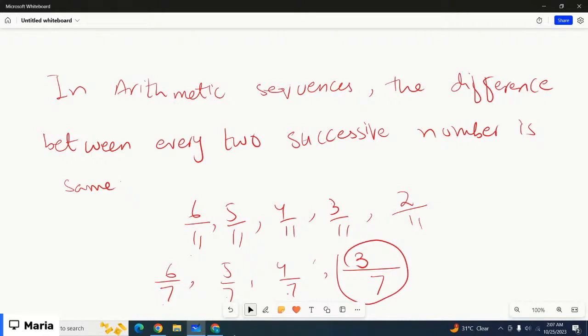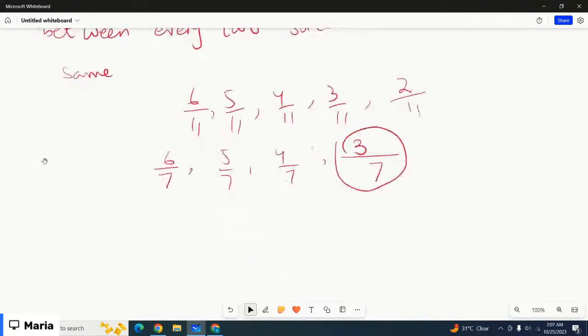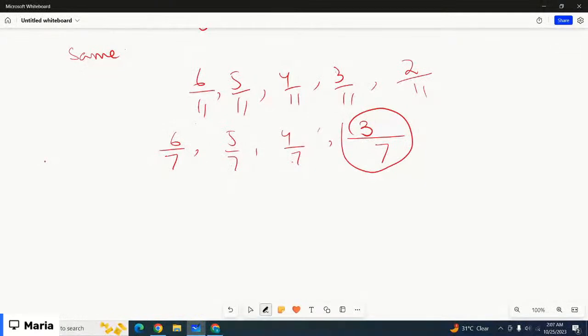Okay, the next example is 16 over 19, 15 over 19, 14 over 19 and 13 over 19. You need to calculate the next term in the sequence.